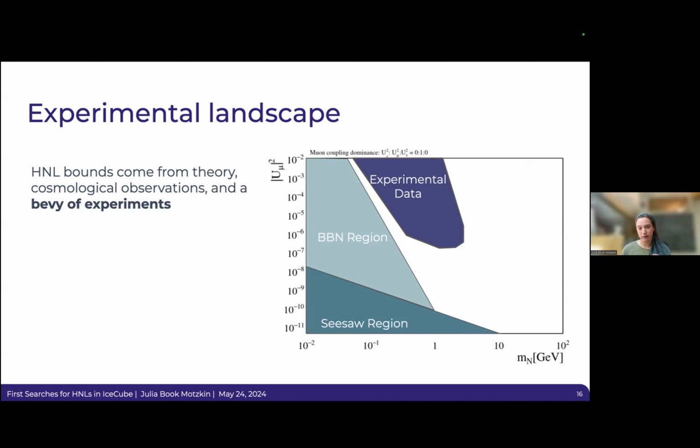So you shoot a bunch of particles at a metal target, which produces pions and kaons that then decay into neutrinos. And these tend to be long-lived particle searches. So they're generally not looking only for heavy neutral leptons. They're looking for anything that is kind of an exotic particle which can travel a long distance before decaying. And they typically don't find anything, or it would have been big news, and so they can set pretty strong constraints.